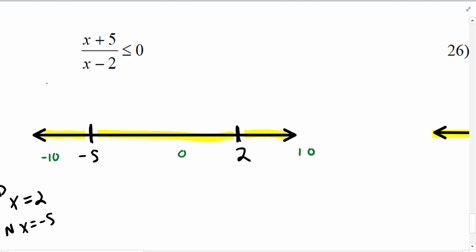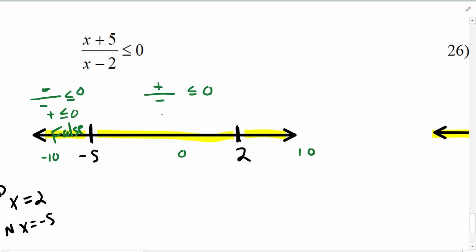So -10 plus 5 would be a negative in the numerator and a negative in the denominator. A negative divided by a negative is a positive. Is a positive number less than or equal to 0? False. We're going to try 0. 0 plus 5, that's positive. 0 subtract 2, that's negative.